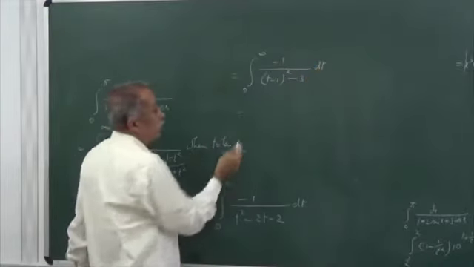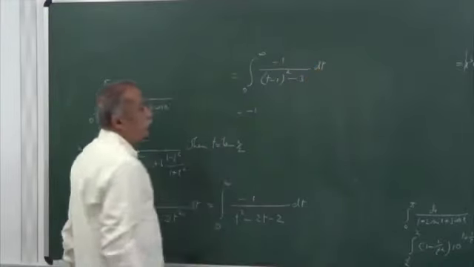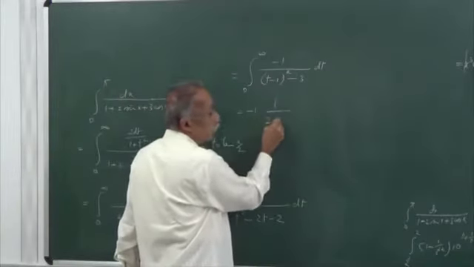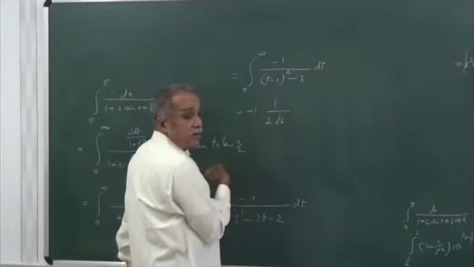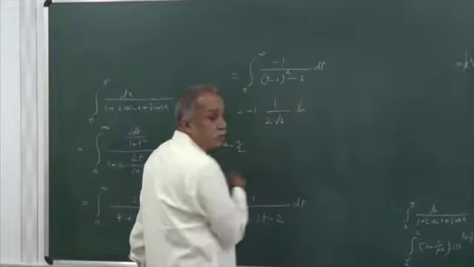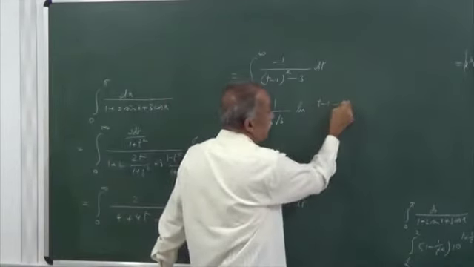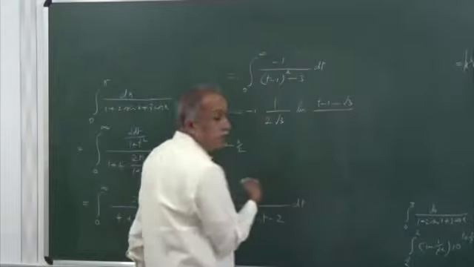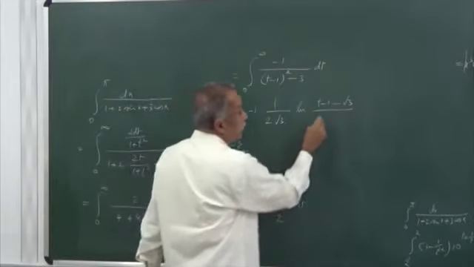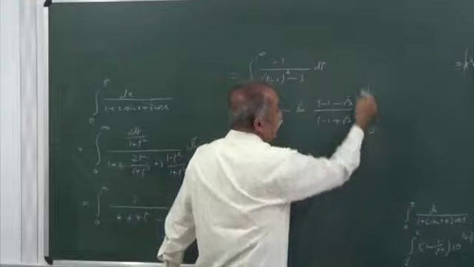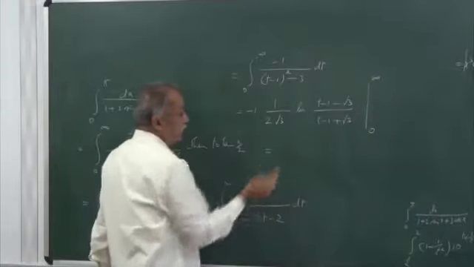On applying a formula, minus 1 into 1 by 2a log of (t minus 1 minus root 3) divided by (t minus 1 plus root 3), to be evaluated between 0 and infinity.